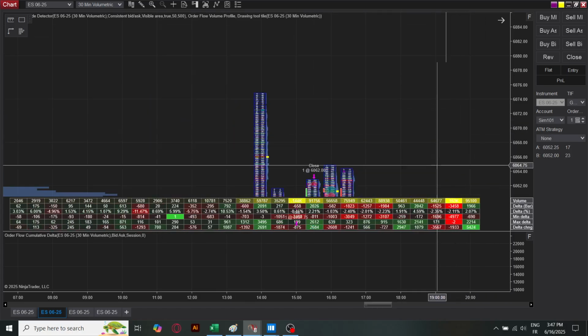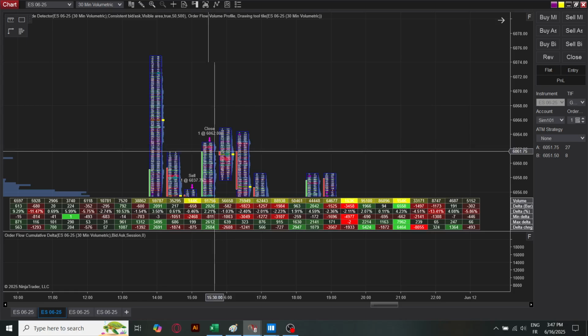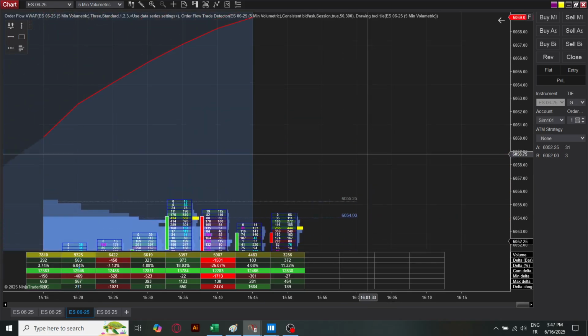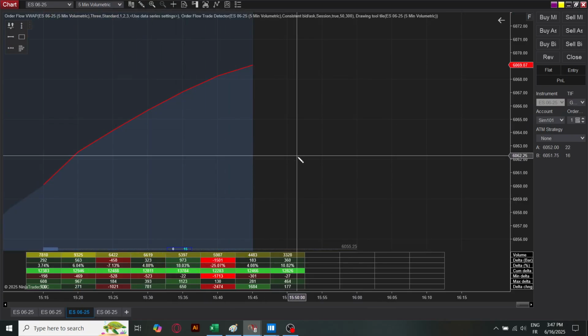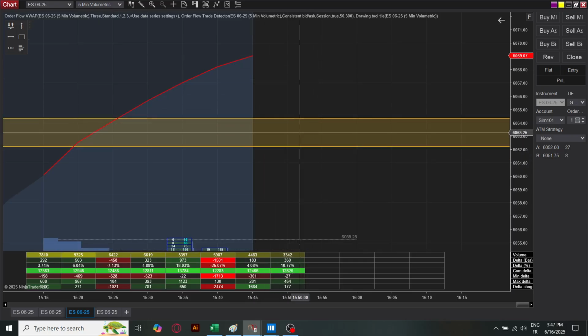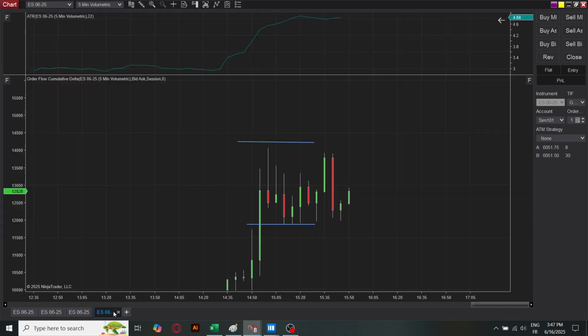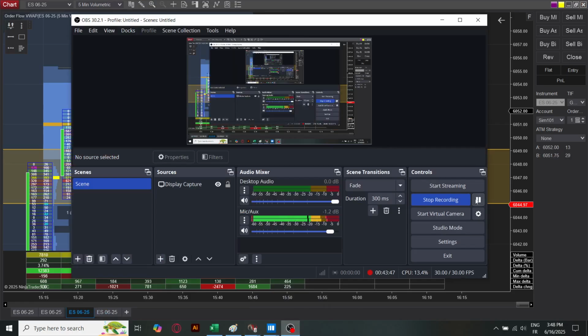There are no trapped sellers. There are those strong levels from 62 to 64. So it's at this 2 standard deviation upper band, and then this is a very bad day.